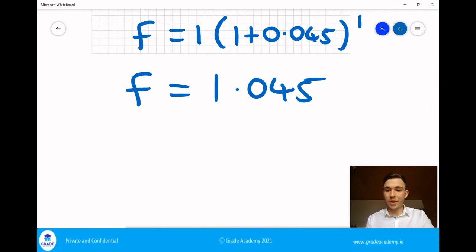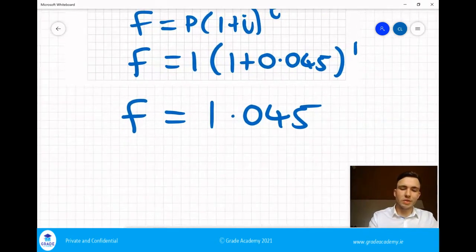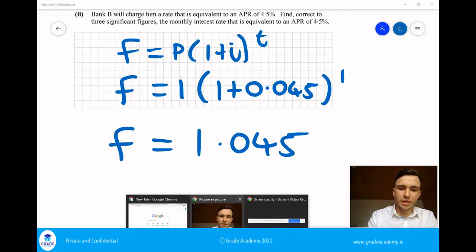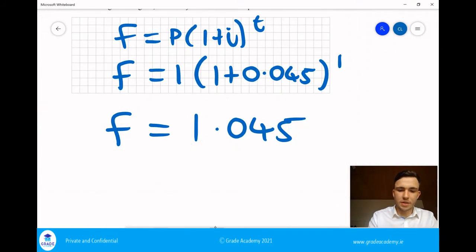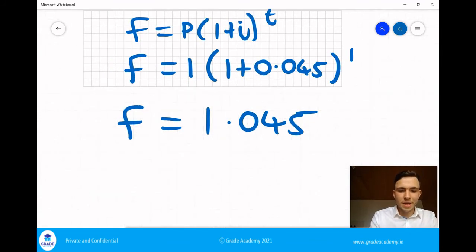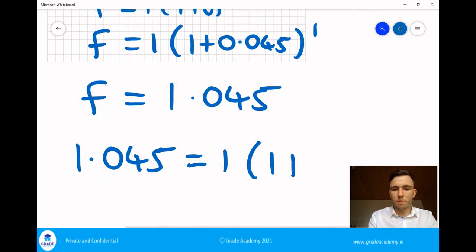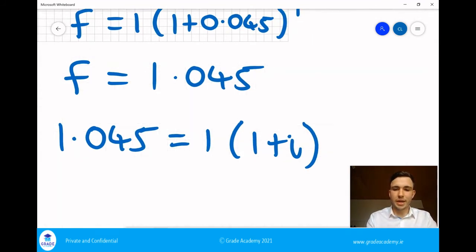So how are we going to work out what our monthly interest rate is, correct to 3 significant figures? Well, this is our F value, and that's going to equal 1 times 1 plus I. This time we're going to leave our I missing because we're going to leave it as our monthly interest rate.